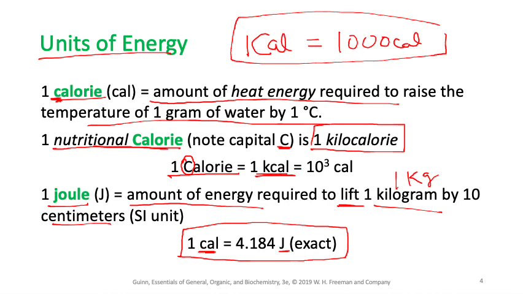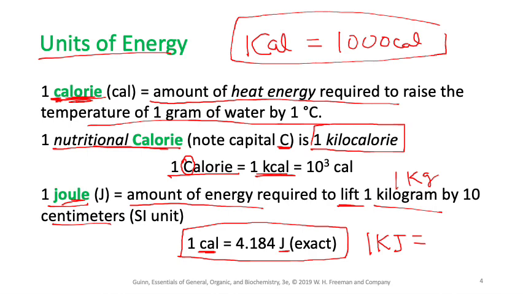So now we already talked about all three units that we normally use to measure energy: calorie, nutrition calorie, and joule. But calorie with a small letter c and joule are both small units in measurement. So most of the time whenever we measure energy in calorie and joule, we usually use a different unit which we call 1 kilojoule.